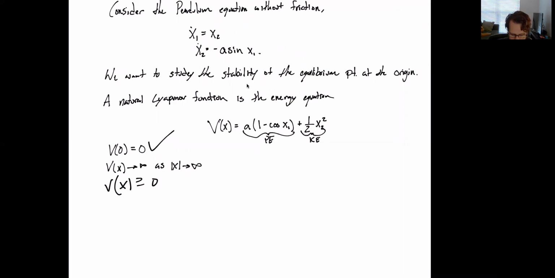So that means that this first term here is always greater than or equal to 0. This term here is x2 squared, so for any x2, this term is also positive. So this implies that V of x for any x1 and x2 is also positive. So that checks out.